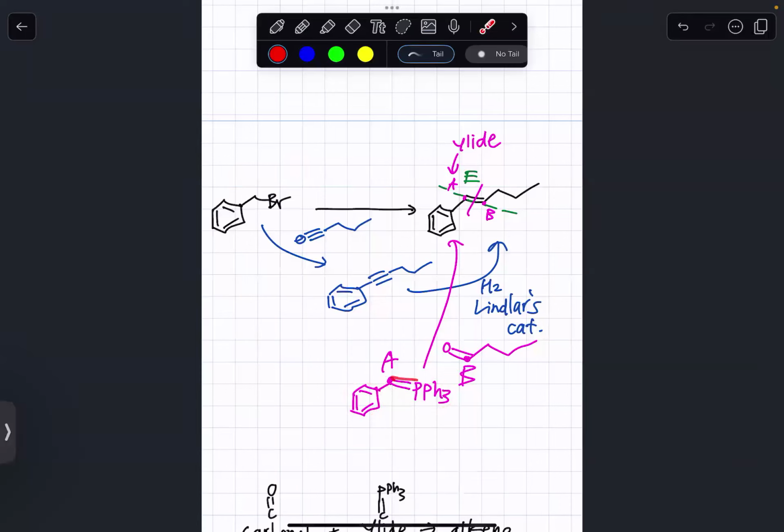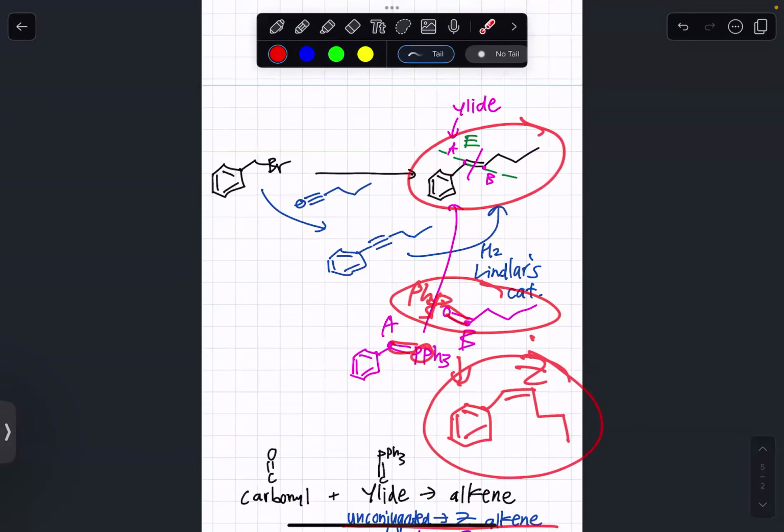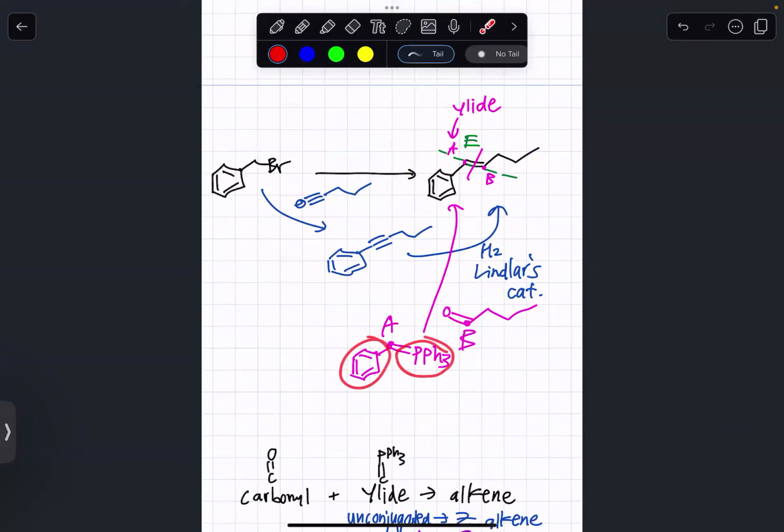If this was the carbonyl instead and this was the ylide, the product you would get is this, the Z alkene, because this ylide is unconjugated, and an unconjugated ylide gives you the Z alkene. But we want an E alkene, so we want the conjugated one to be the ylide.